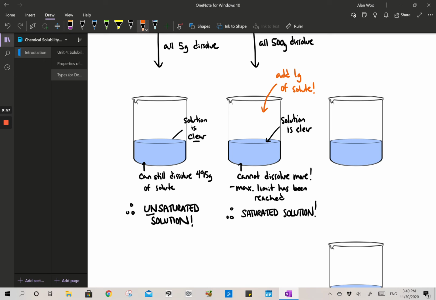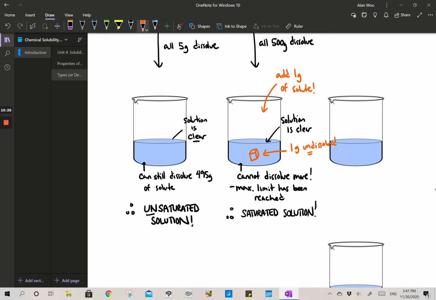So if I added 1 more gram of solute, I will see 1 gram that's undissolved, sitting at the bottom. If this happens, whether it's 1 gram, 10 grams, 100 grams, none of it can dissolve anymore.